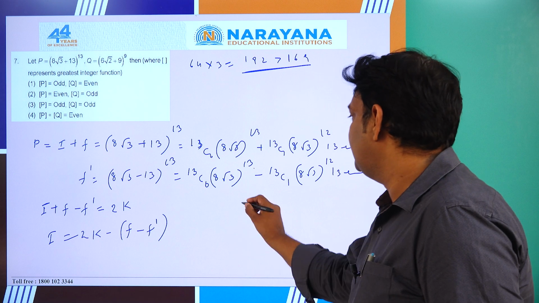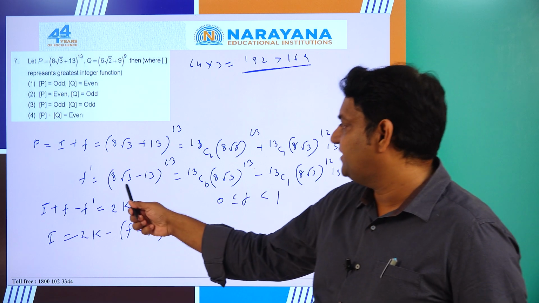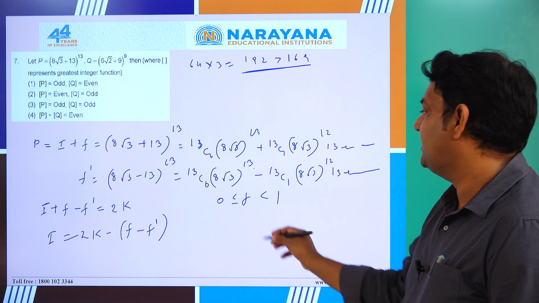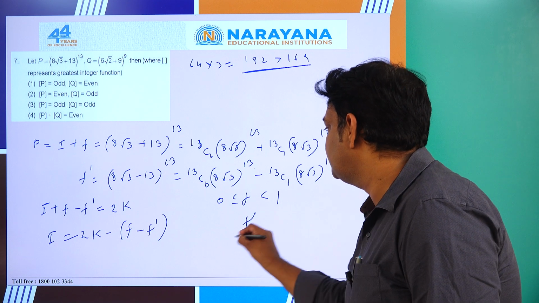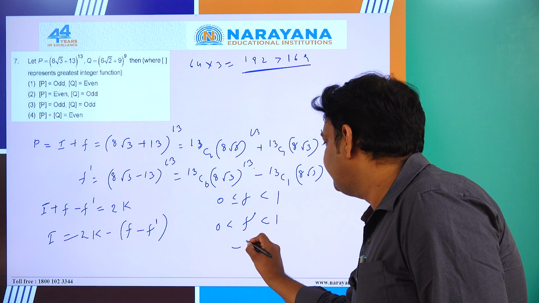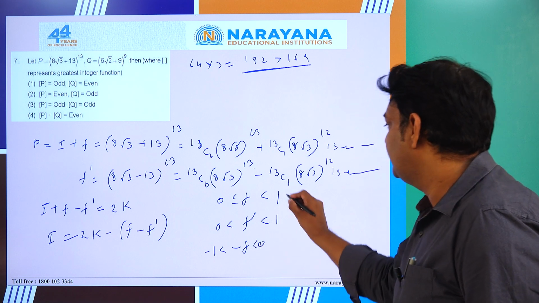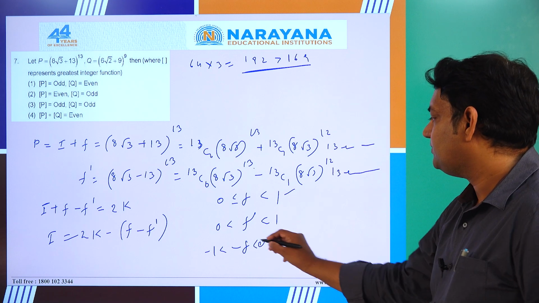You know very well that f is a fractional part, between 0 and 1, and you can check that 8√3 minus 13 also lies between 0 and 1, so f dash also lies between 0 and 1. So minus f dash lies between minus 1 and 0. Let us add these two.